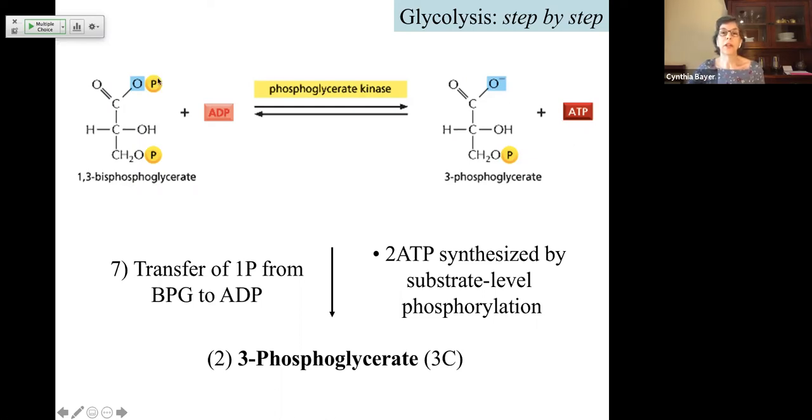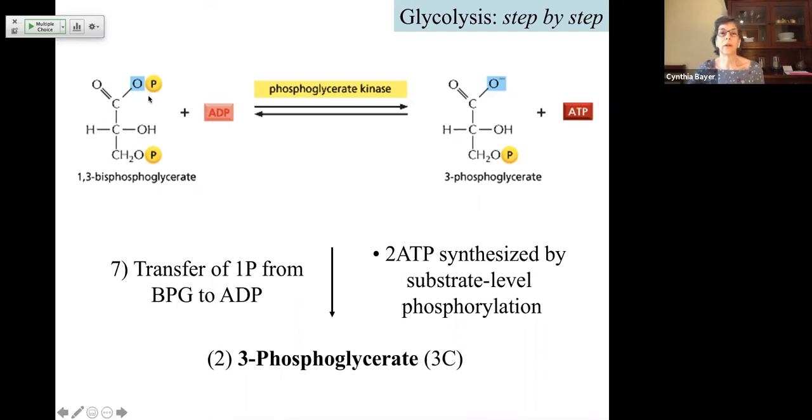The free energy change from this bond to this bond is greater than the free energy change required to convert ADP to ATP, which allows this reaction to occur.